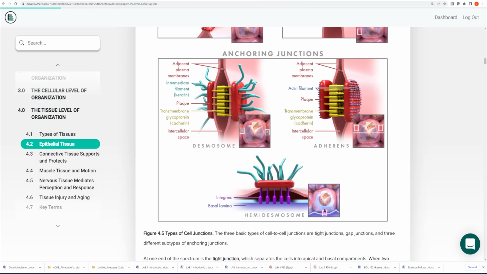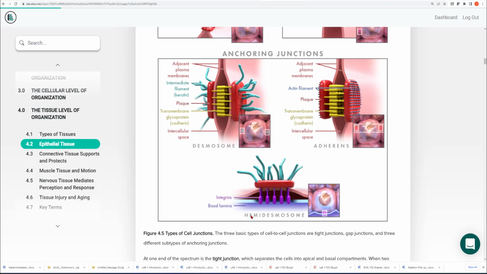You don't lose layers of cells off your butt. I wish I could. But you don't lose layers of cells when you slide across a bench or across a couch, because the layers of those epithelial cells in your skin are being held down to the lower levels through these hemidesmosomes.